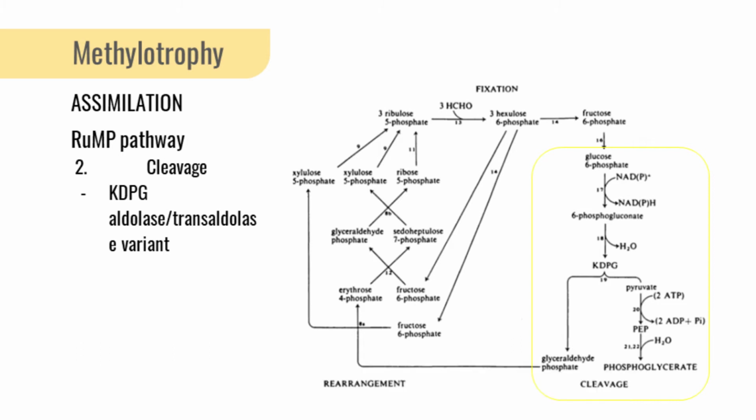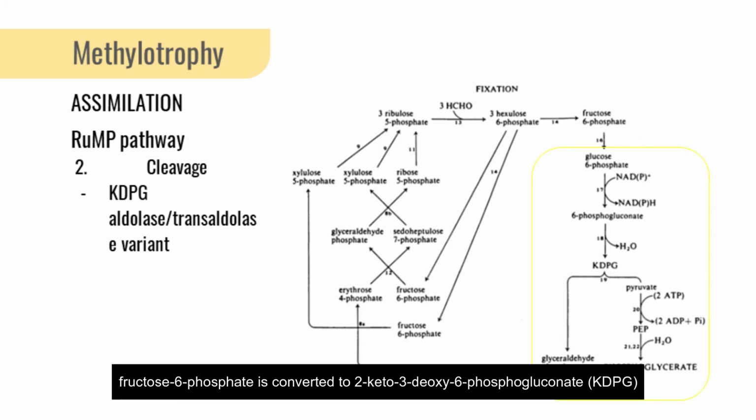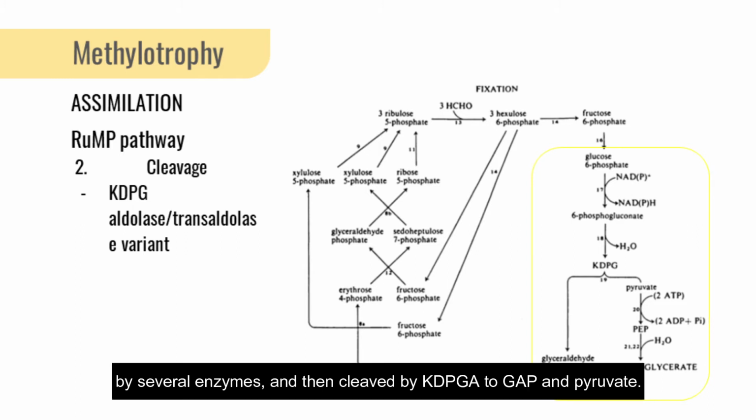In the 2-keto-3-deoxy-6-phosphogluconate aldolase or transaldolase variant, which occurs predominantly in obligate methylotrophs, fructose 6-phosphate is converted to 2-keto-3-deoxy-6-phosphogluconate or KDPG by several enzymes, and then cleaved by KDPGA to glyceraldehyde 3-phosphate and pyruvate.